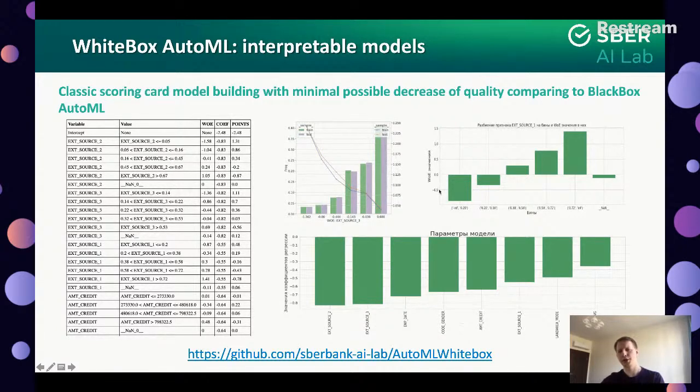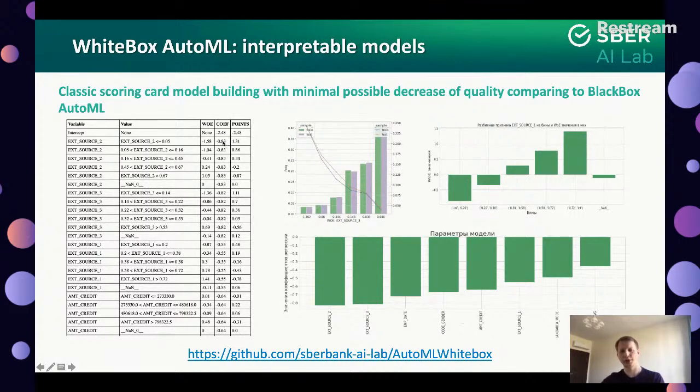And you calculate some specific characteristic from the objects inside this bin. It's like a comparison of the mean target inside this bin compared to the global mean. And on top of these features, you just build a simple logistic regression model. And in this situation, you can receive the so-called scoring card.